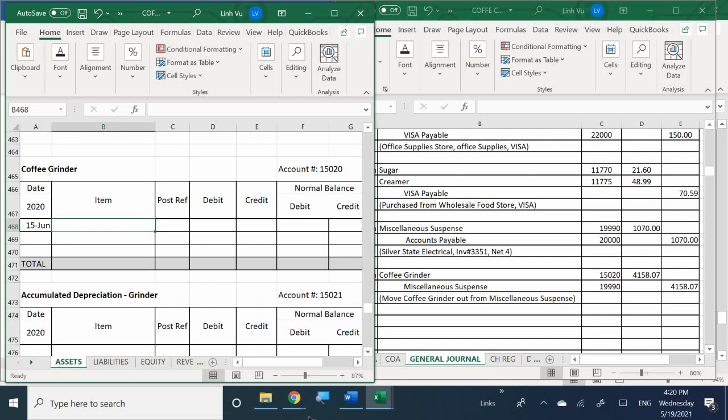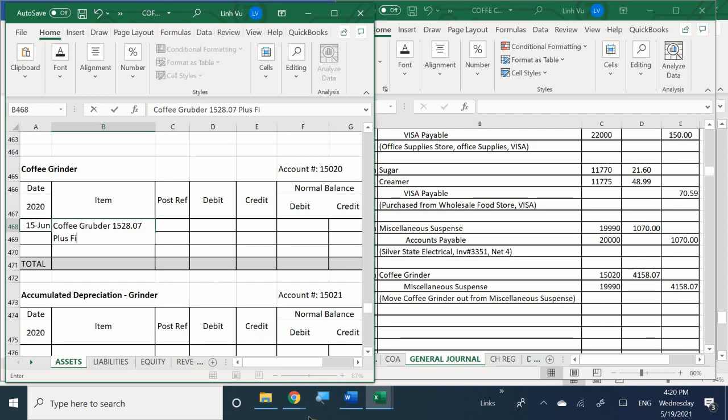Okay. So, yes, your notes could be anything that you like. So, if you want to say the coffee grinder was for the 1528.07, plus foundation, I cannot type today.